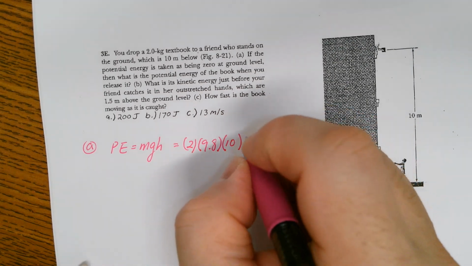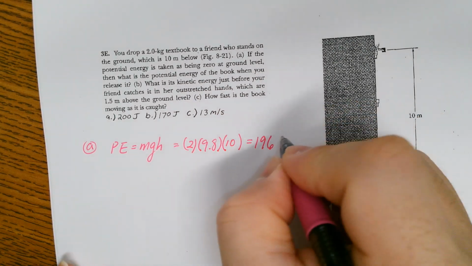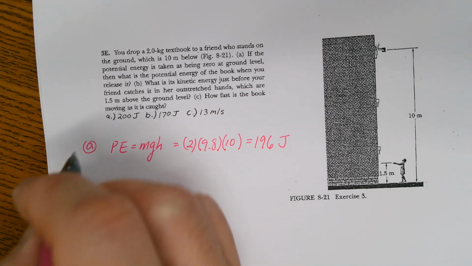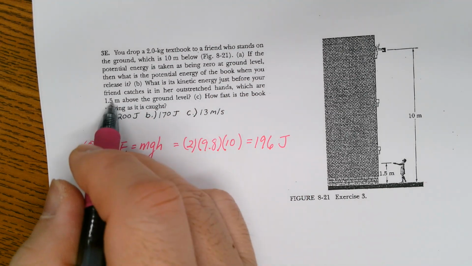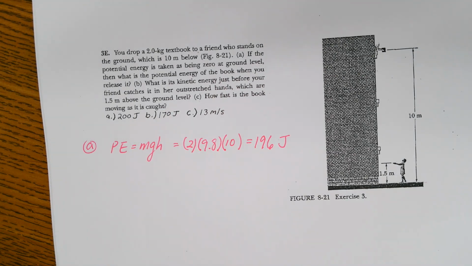So I guess you get 196 joules. All right. What about part B? What is the kinetic energy just before your friend catches it in her outstretched hands?